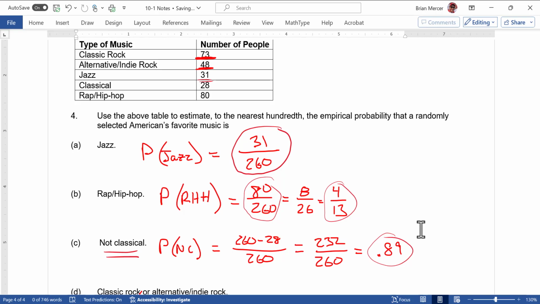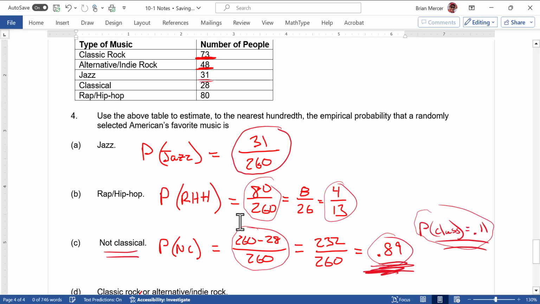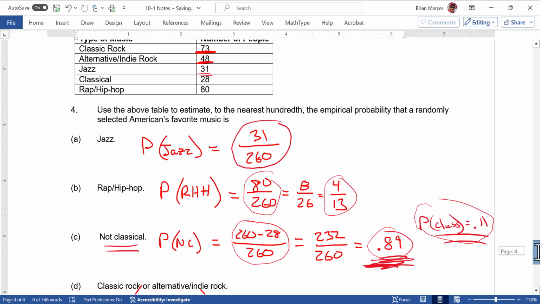Notice then the probability that it was classical would be 0.11, the complement of that, whatever's left. If you had done this one first, you could answer this question by just directly subtracting this from 1. That's sort of what we did when we did that subtraction. So basically it's everything else.